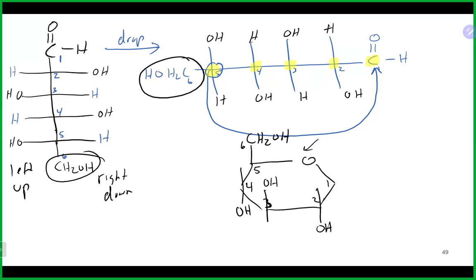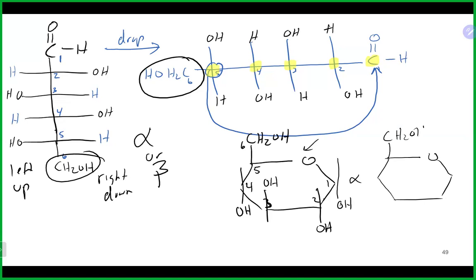What is left is the last one there, and that is determined based on what you are asked to draw, what anomer is sometimes referred to, either the alpha or beta version of this. Alpha basically means it's going to go down, that last one, if you were asked to draw the alpha. If you were asked to draw the beta, you can probably imagine it is going to go up, that last one.